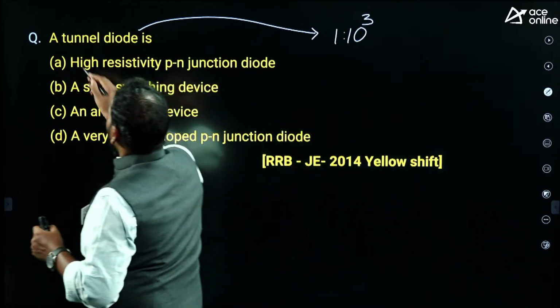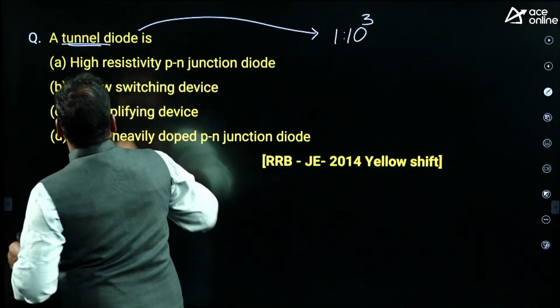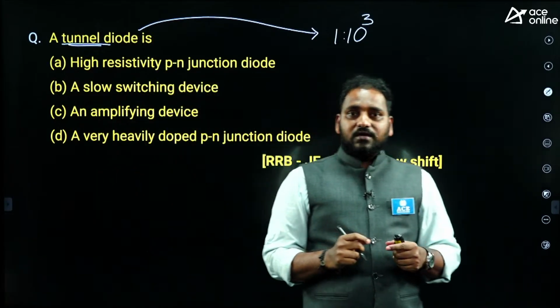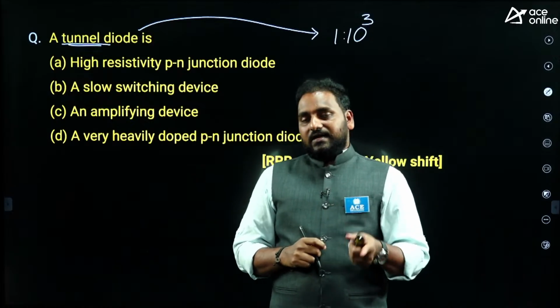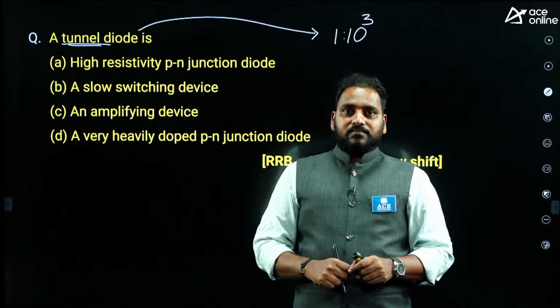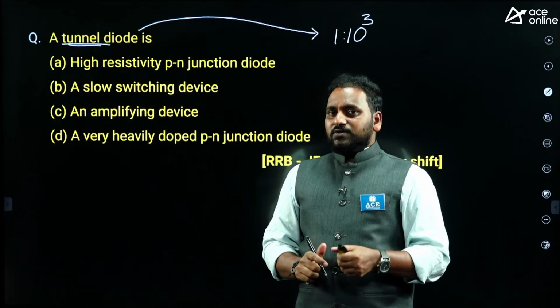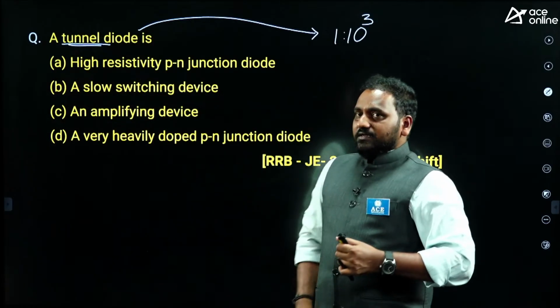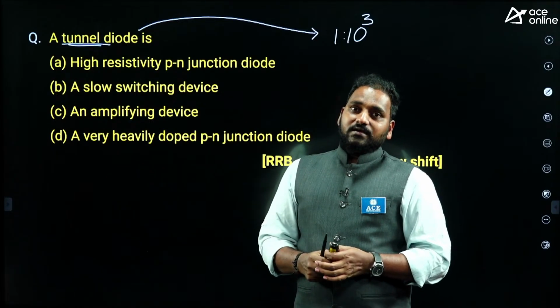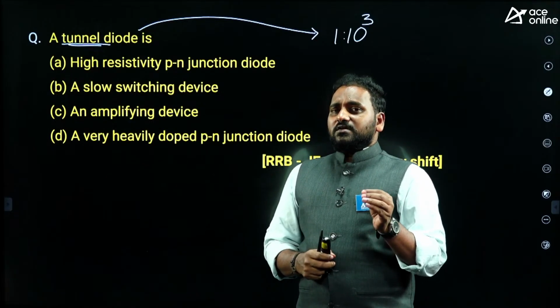The tunnel diode is a special diode in which only we can have a special property called negative resistance. You can add this point: the negative resistance property we can see in the tunnel diode. It is a high frequency device, not a normal diode. Because of heavy doping, the switching speed of the tunnel diode is very high.